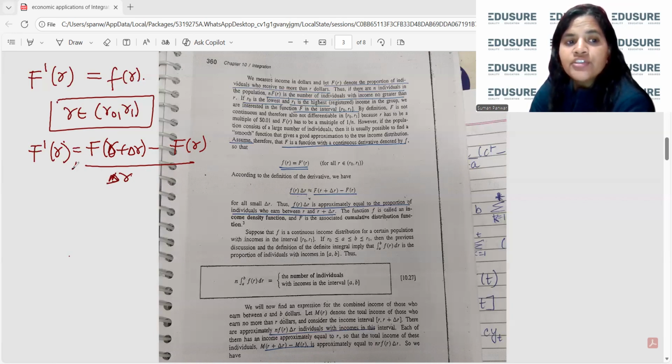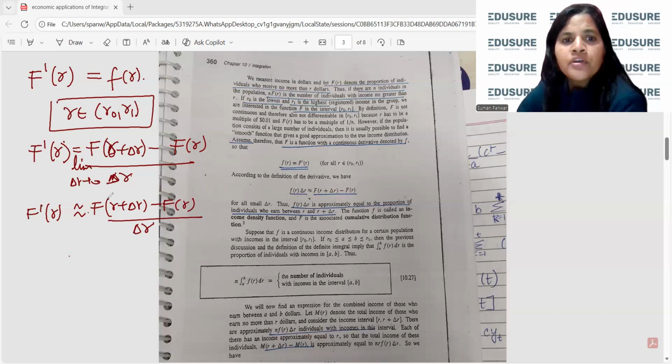So this is the definition of F'(r). You can also write that F'(r) is approximately equal to (F(r + Δr) − F(r)) upon Δr because Δr is going to 0. So we can assume that this is approximately equal to this.